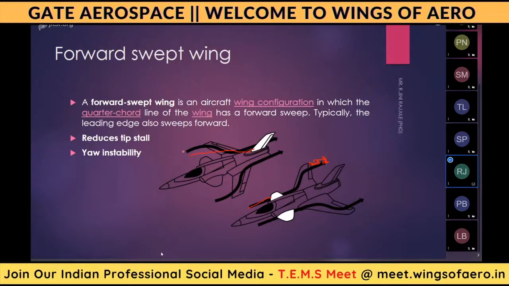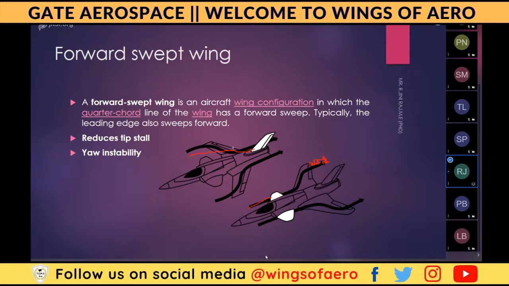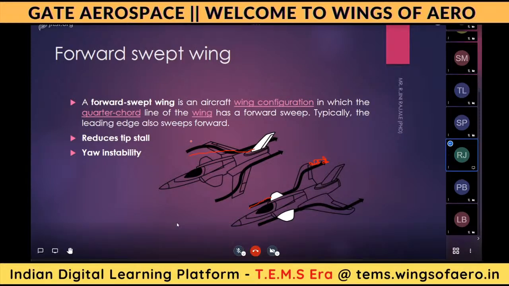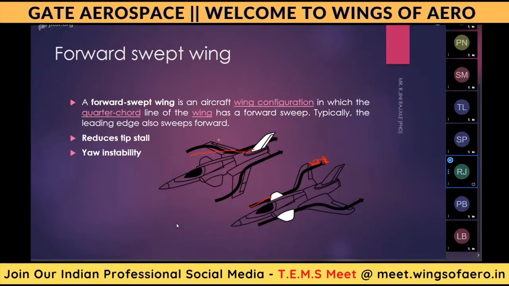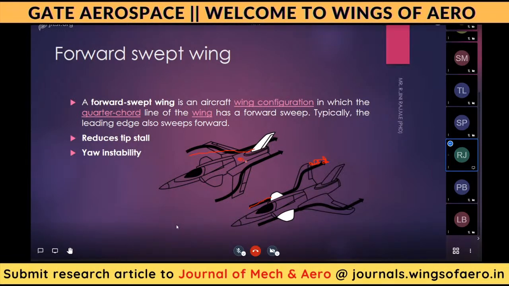But in forward swept wing, the main advantage is that the air enters the wing from the tip and leaves from the root. Because of this, the root will stall first, but the tip won't stall first. It reduces the drag because of the tip vortices. This is the main advantage of forward swept wing, and also the CG is placed backward.